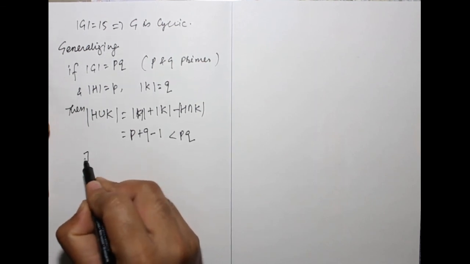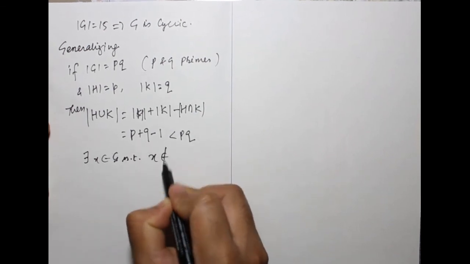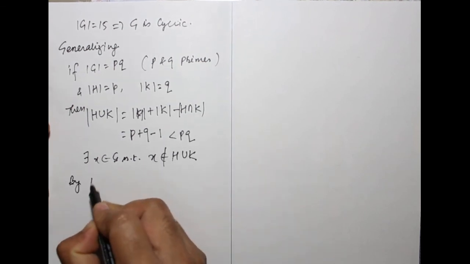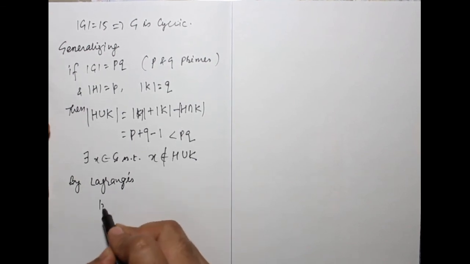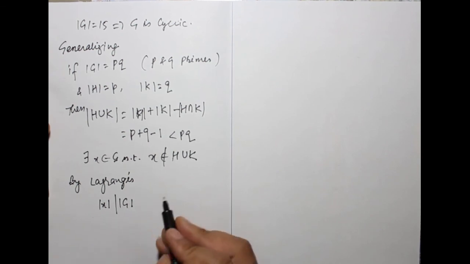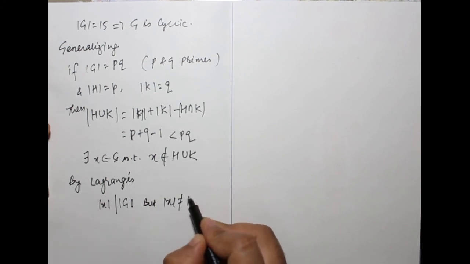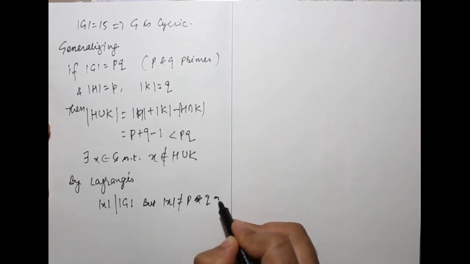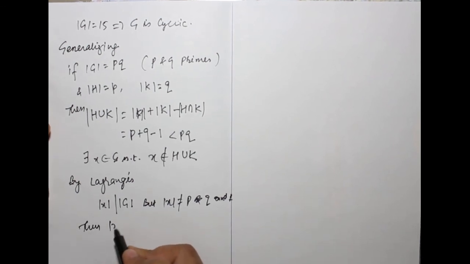So there exists x belonging to G such that x does not belong to H union K. By Lagrange's theorem, the order of x should divide the order of G, but it cannot equal p, cannot equal q, and cannot be 1. Thus the order of x must be pq.